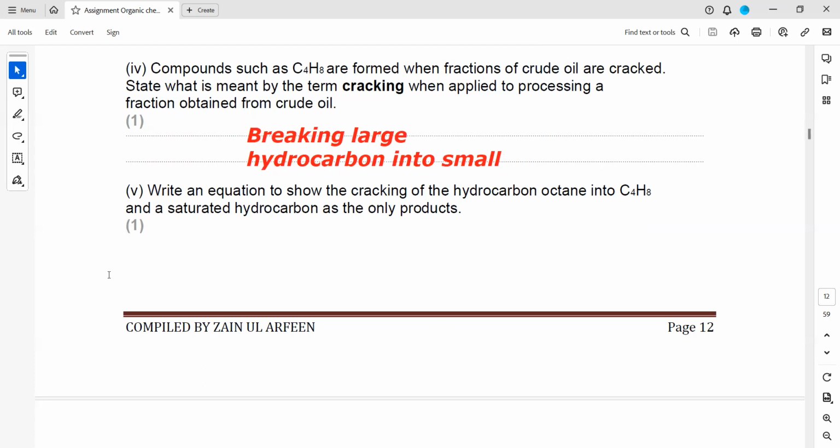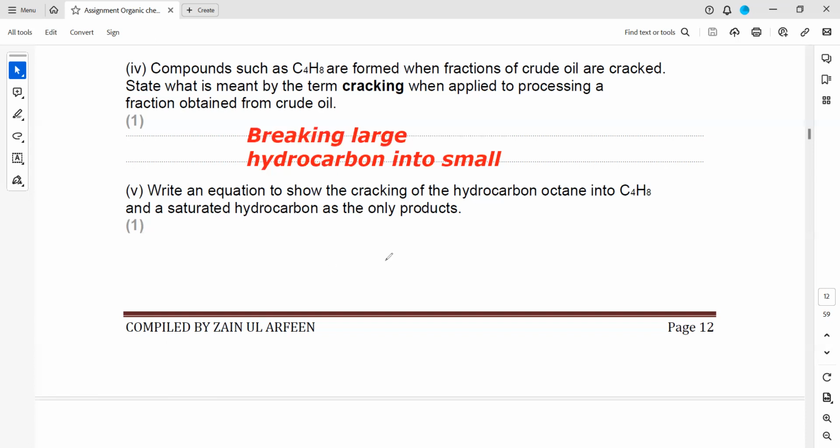Write the equation to show the cracking of a hydrocarbon into C4H8 and a saturated hydrocarbon, which has only one product. So we want one of the products. For this case, many possibilities are there.